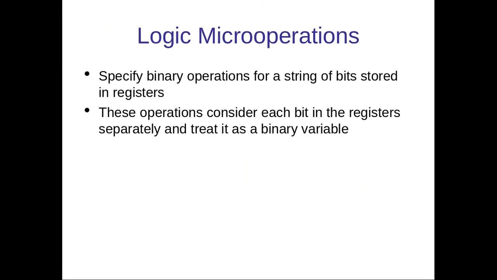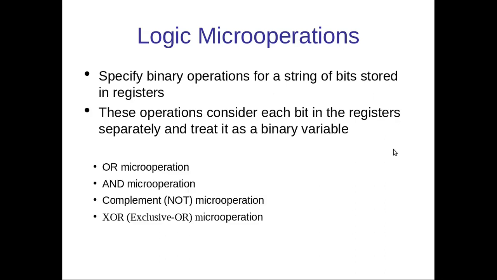Next we can discuss logic micro operations. They specify binary operations for a string of bits stored in registers. This actually specifies a bitwise operation. These operations consider each bit in the register separately and treat it as a binary variable.